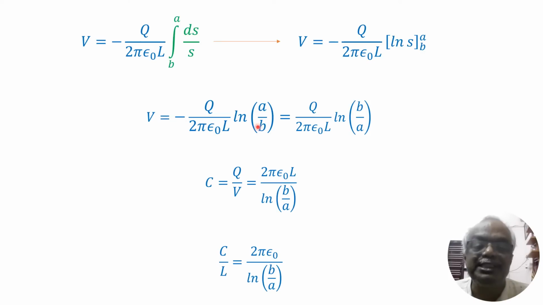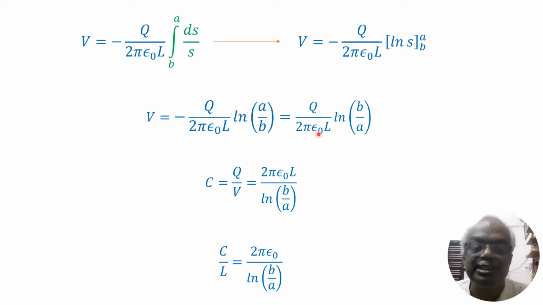If you invert this ratio to b by a, then the minus becomes plus. Now C is equal to Q by V. Bring V to the right hand side, and all other things to the left hand side.